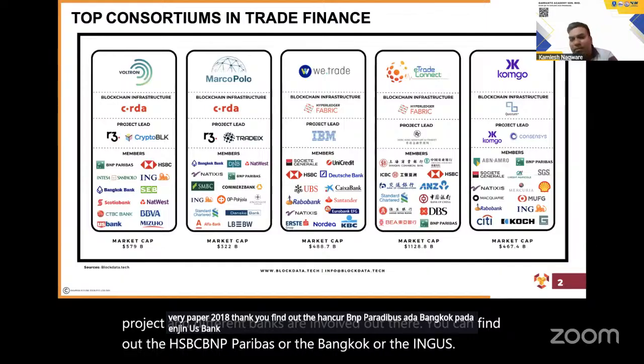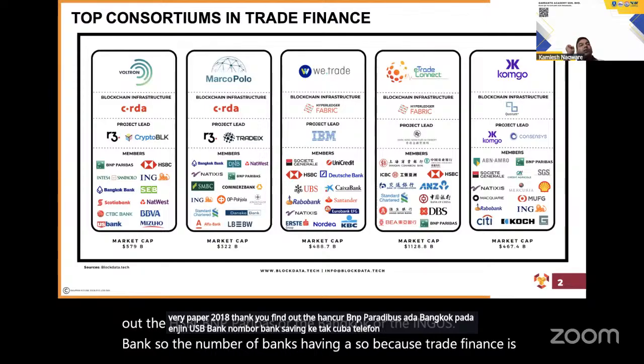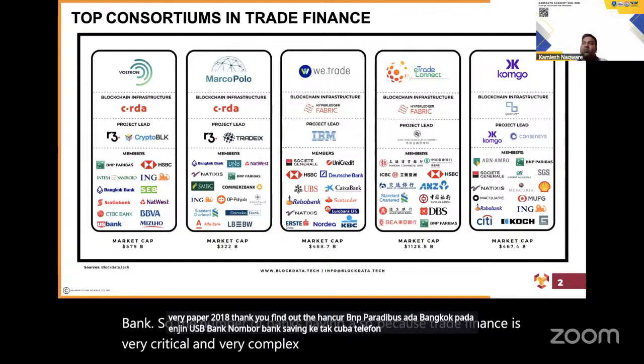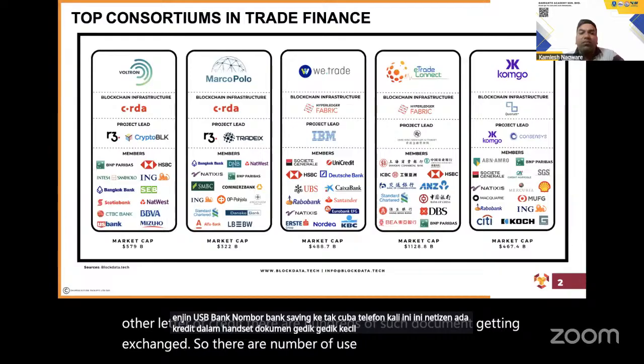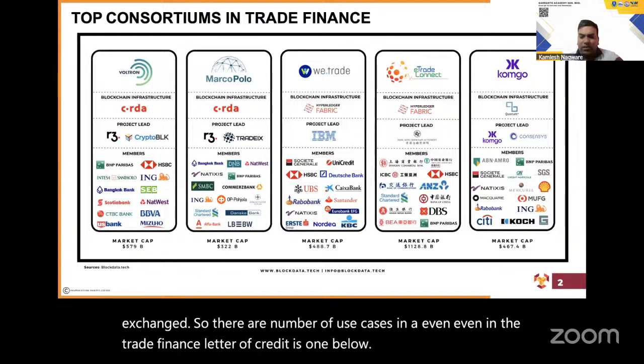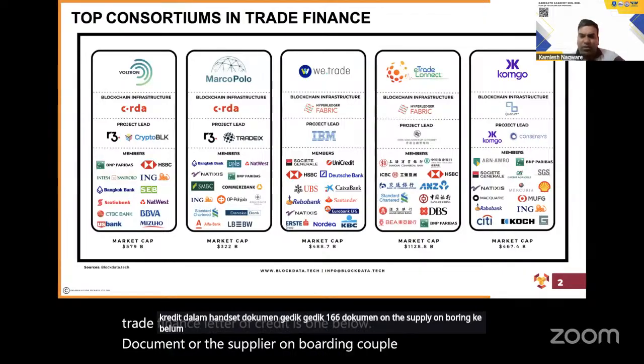A number of banks are involved because trade finance is very critical and has very complex systems, because typically in a letter of credit there are hundreds of documents getting exchanged. So there are a number of use cases in trade finance: letter of credit is one, bill of lading, documents, or supplier onboarding. A couple of use cases out there in the trade finance system.